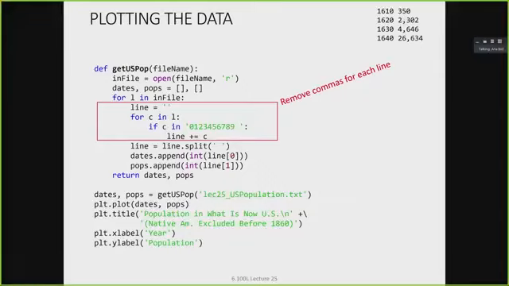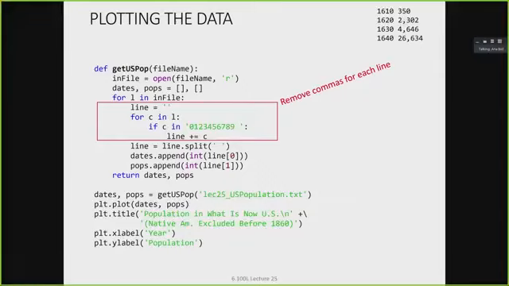So the first thing to notice is that we have a pesky comma in our population values, right? Those values are human readable, so it makes it easy for us to read, but the computer is not so happy about them. So if I have a number like 11,345, whatever, this is read in as a string.